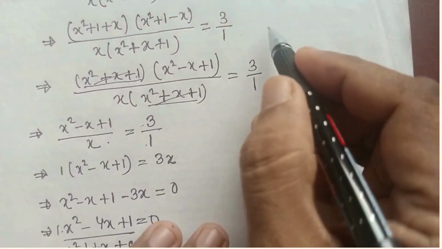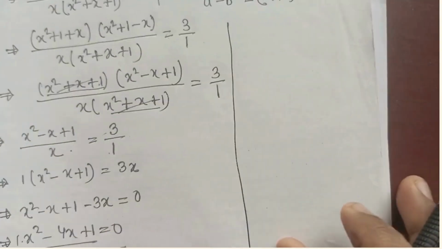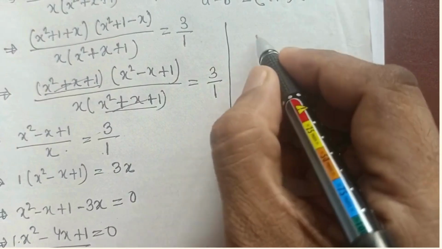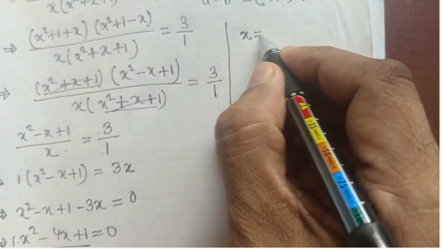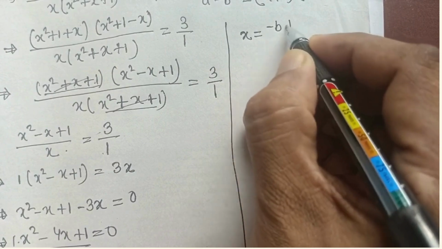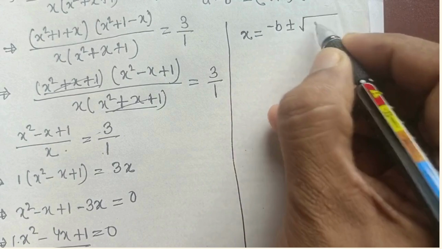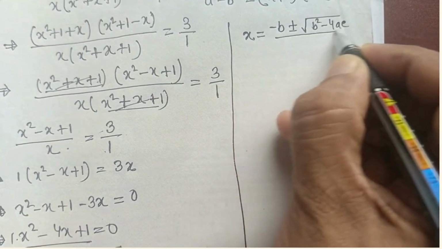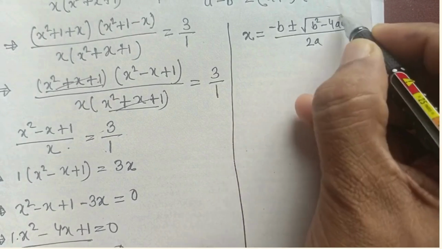Now for a quadratic equation, we get the root of any solution like x = (-b ± √(b^2 - 4ac))/2a.